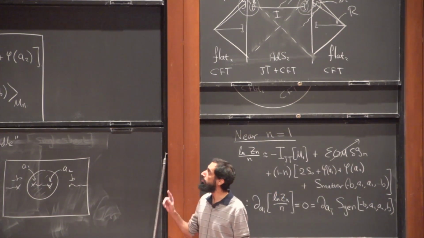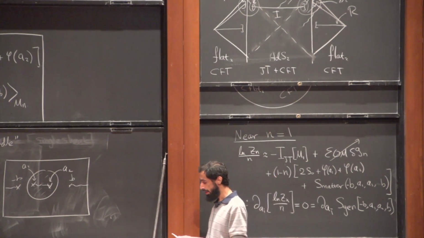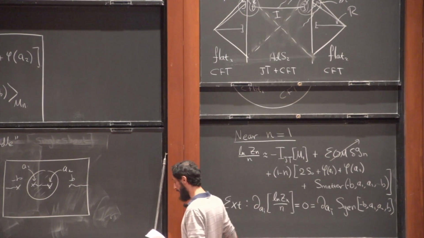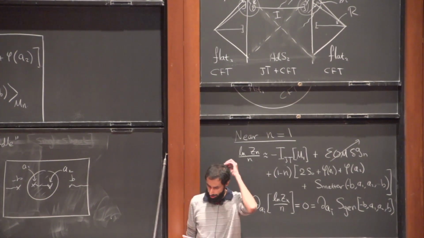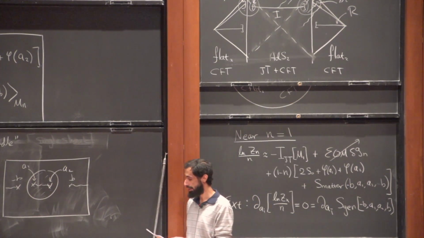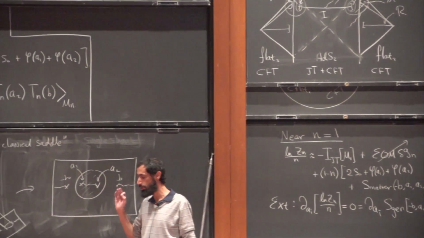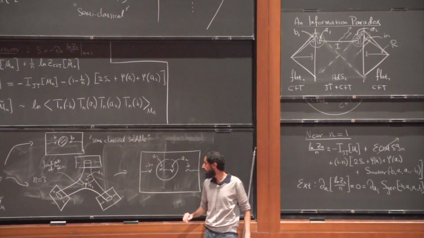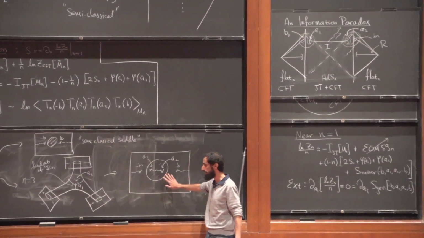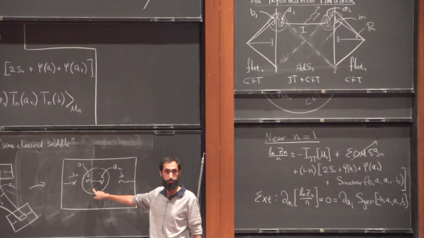Now I'm going to go back to this point where we're using rho tilde. It's clear here that because we're working near n equals 1, the entropy in this formula is to be thought of as being evaluated in the semi-classical state, right? The n equals 1 solution, the M1, is literally just, here we have, again, flat space, but here we just have the Euclidean black hole.